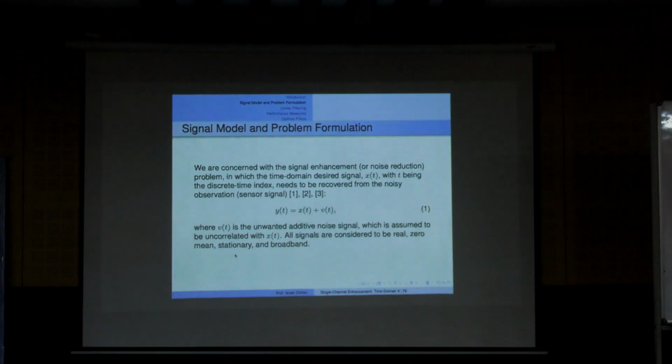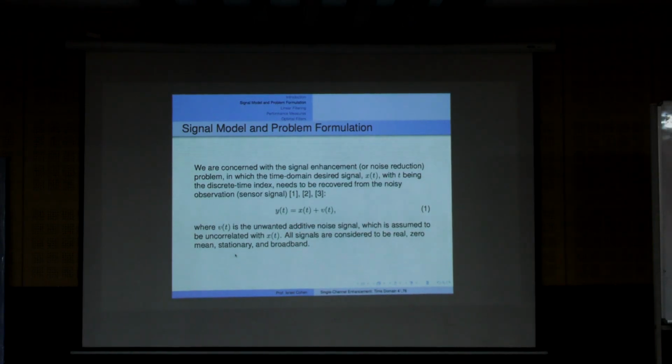Okay, so suppose that with a single sensor, this is the measured signal. And suppose that we have two components. One is desired, one is undesired. And using this measurement, we want to estimate the desired signal. By the way, here, t is discrete.